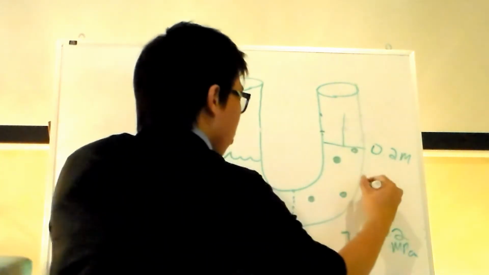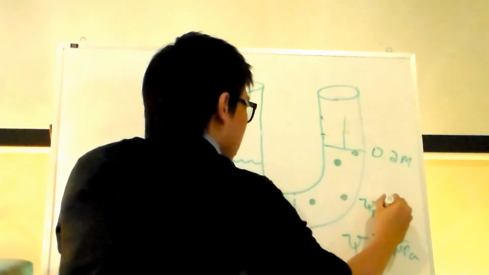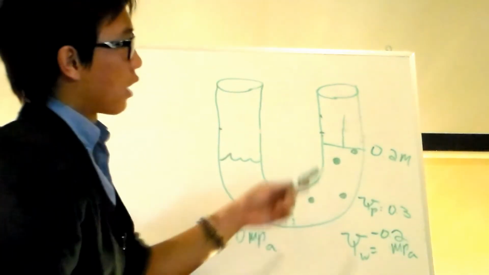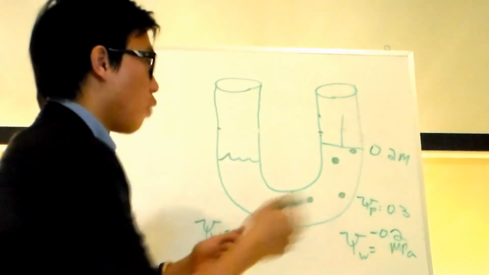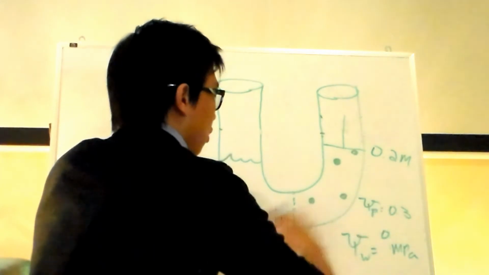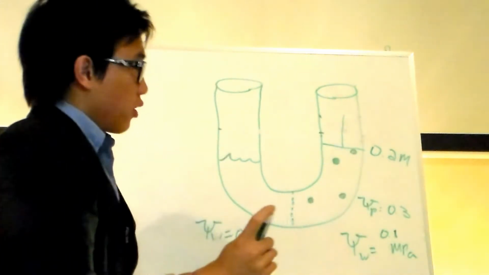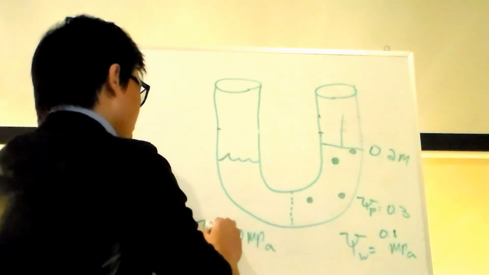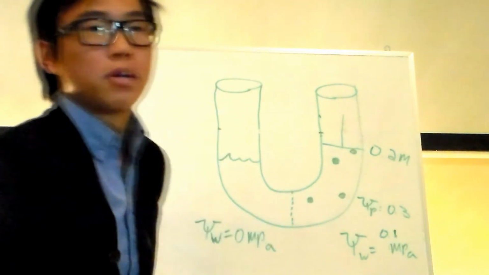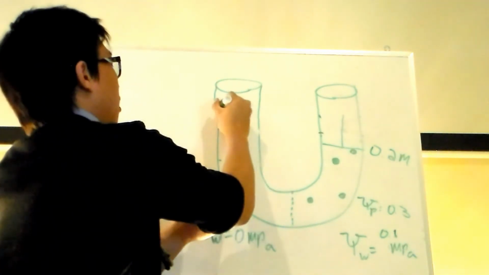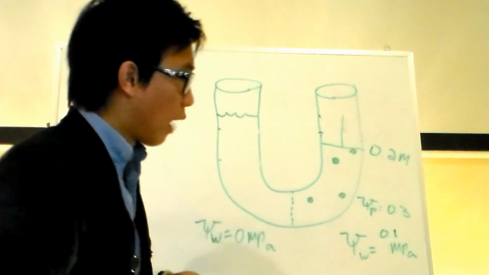I'm increasing the pressure potential, psi p, to, let's say, 0.3 MPa. When you add negative 0.2 and 0.3 together, the total water potential becomes 0.1. So 0.1 is now greater than 0. Water will flow from higher potential to lower potential, and water will then flow back to the left side because of the increase in pressure. That is a practical application of water potential.